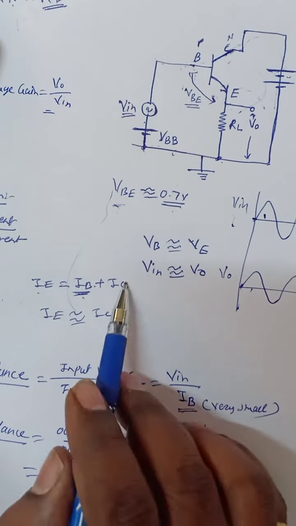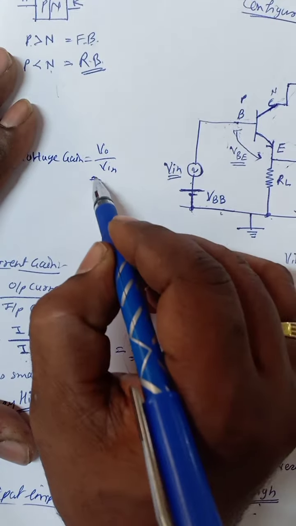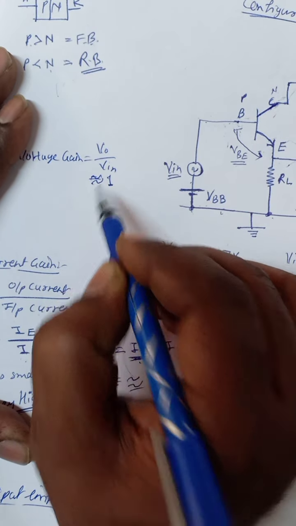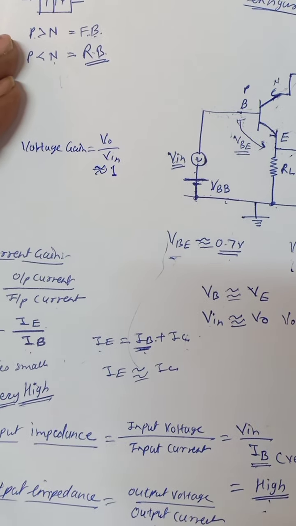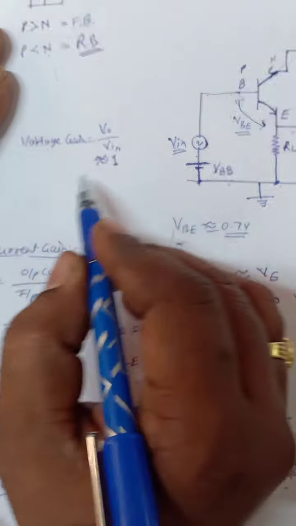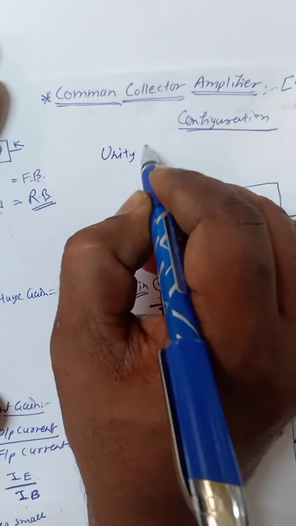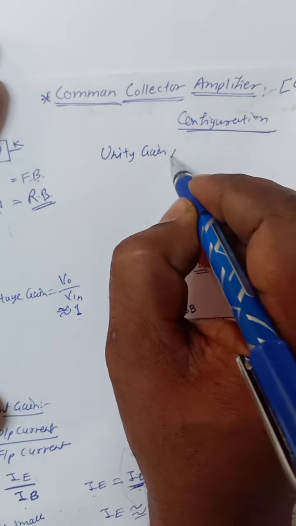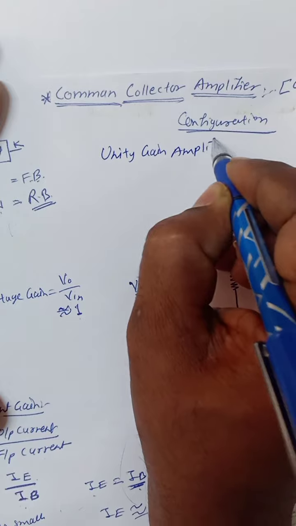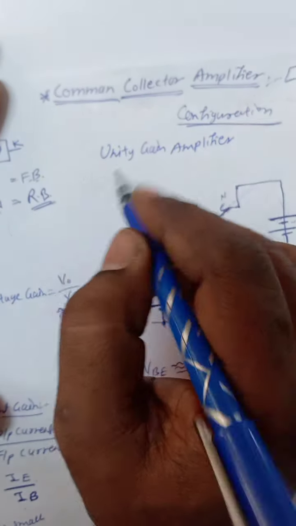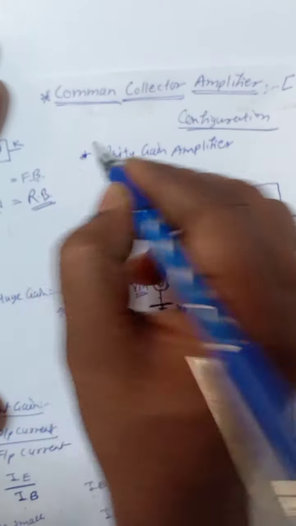In this case both are nearly the same, so it is approximately equal to 1, unity. That's why this amplifier is also known as a unity gain amplifier.